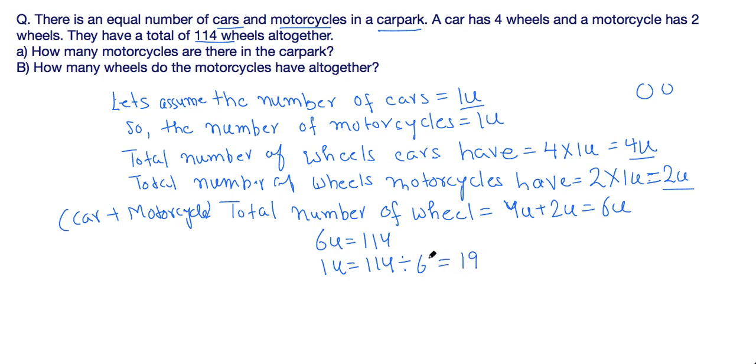Now let's read our part A of the question. How many motorcycles are there in the car park? What we have assumed is that the number of motorcycles in the car park is 1 unit. We already know how much is 1 unit, so we can straight away write our answer.